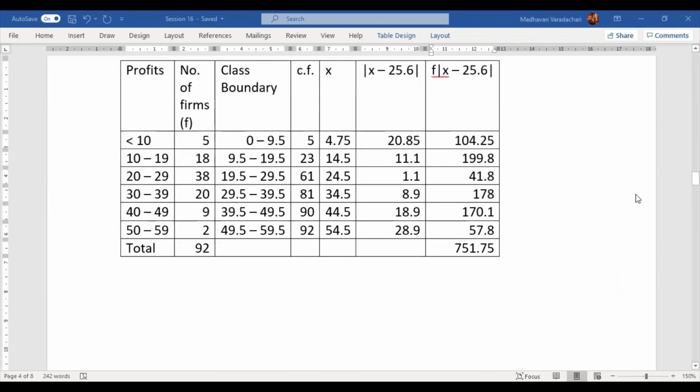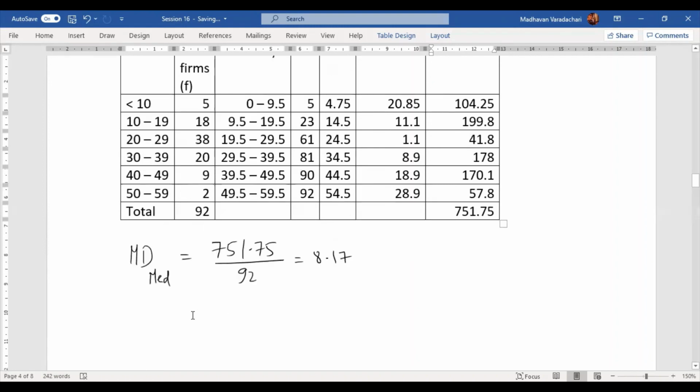So I can say now mean deviation about median is equal to this value whatever we obtained, divided by the total frequency, which is 92. So that will give us 8.17. That is our mean deviation about median.